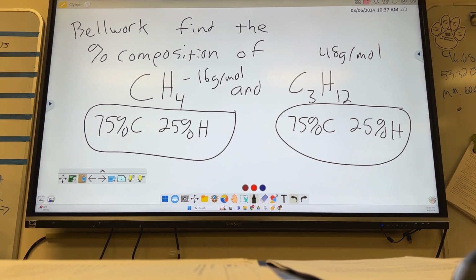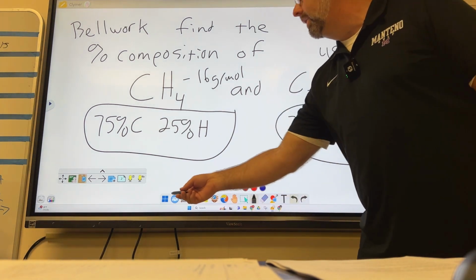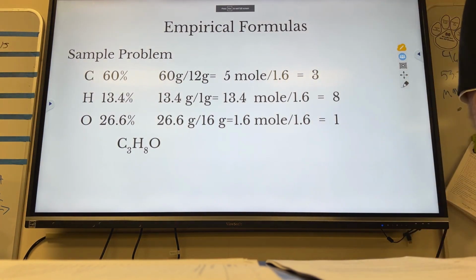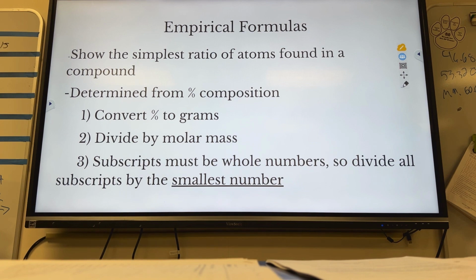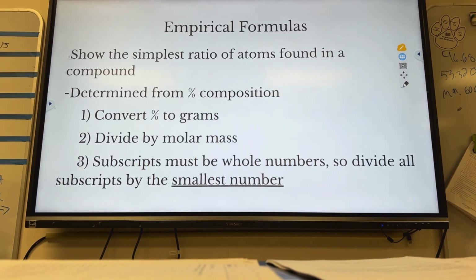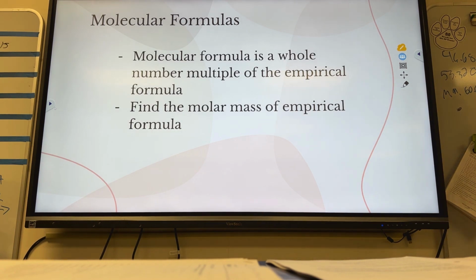As we get into what molecular mass, or I'm sorry, what molecular formula actually is, we already did empirical formula. What direction are we going here? Make a space in your notes for what molecular formula is.